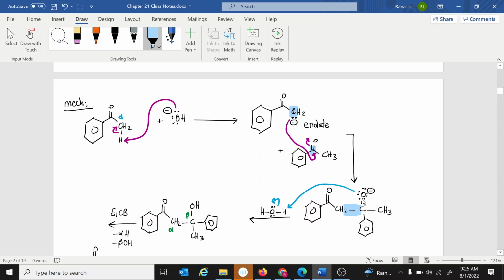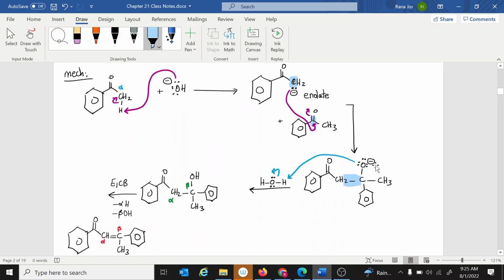You always make a new bond. And then the next step is the protonation of the oxygen. The steps are exactly the same. And you're going to end up forming the beta hydroxy. In this case, it's going to be a ketone.